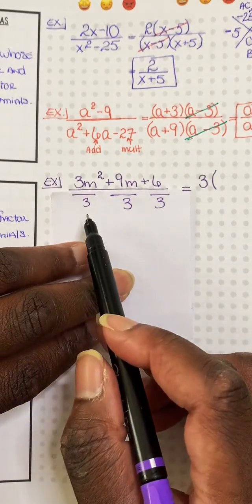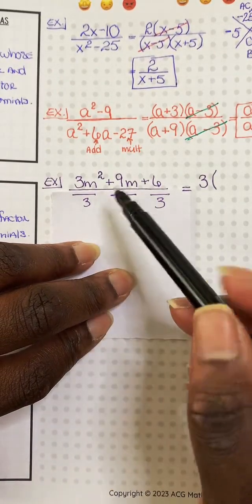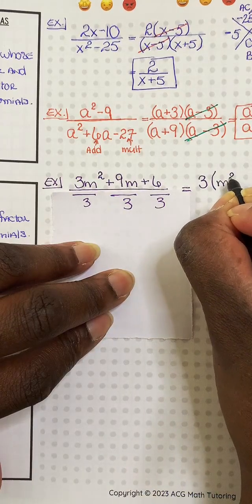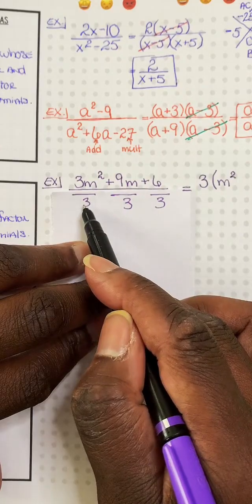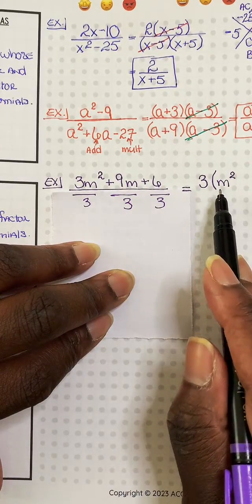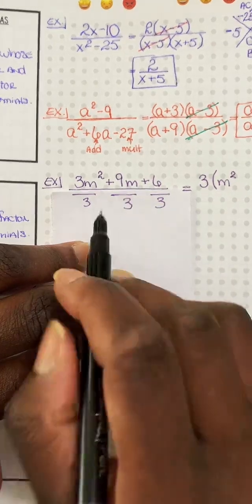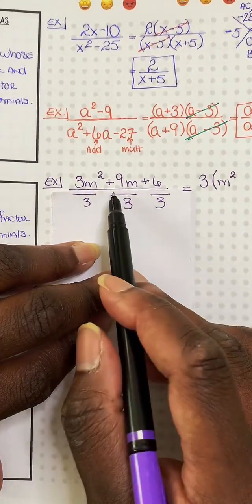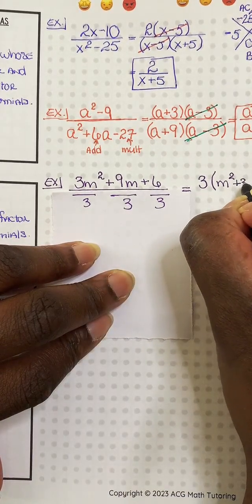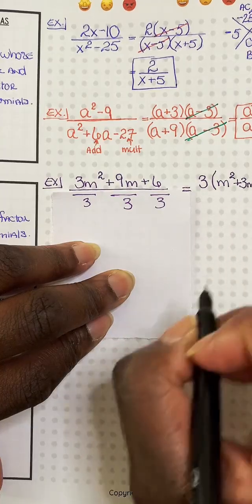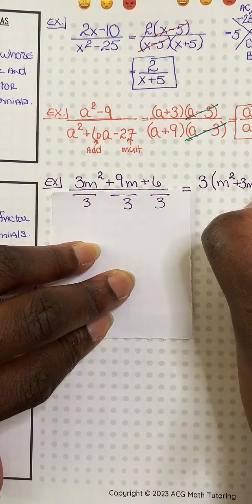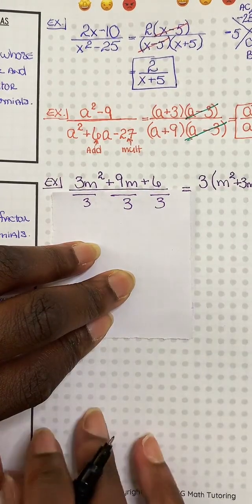So what we get next is we have m squared, because 3 divided by 3 gives me 1. The 1 is assumed to be in front. If you put the 1 in front, trust me, it's fine. You know, we're not going to kill anybody off, okay? So now we have 9 divided by 3. That gives me 3m. And then 6 divided by 3, since it's a positive, it's going to be plus 2.